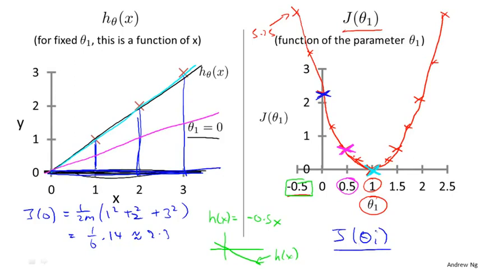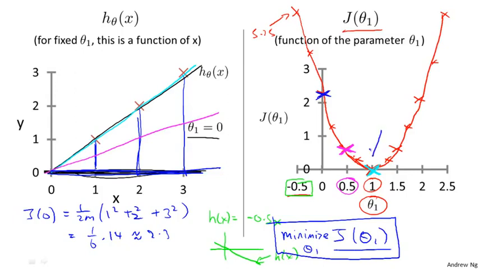Now, you remember, the optimization objective for our learning algorithm is we want to choose the value of theta 1 that minimizes J of theta 1. This was our objective function for linear regression. Well, looking at this curve, the value that minimizes J of theta 1 is theta 1 equals 1.